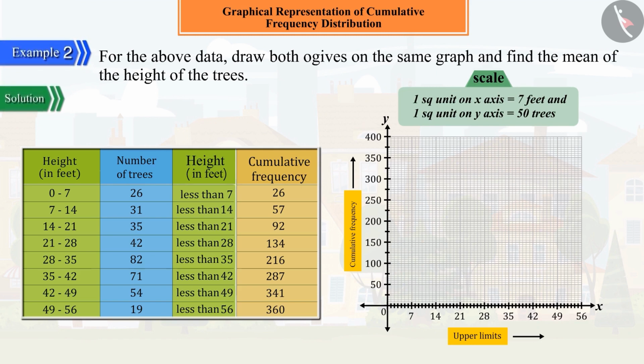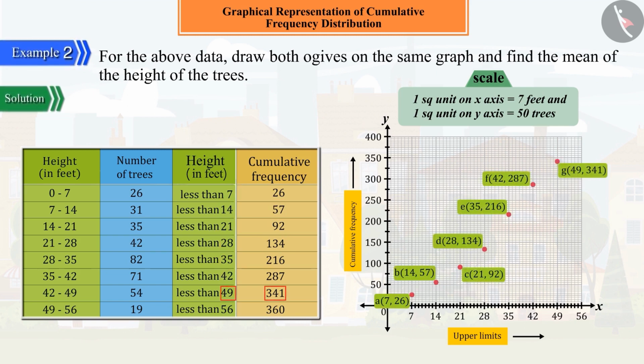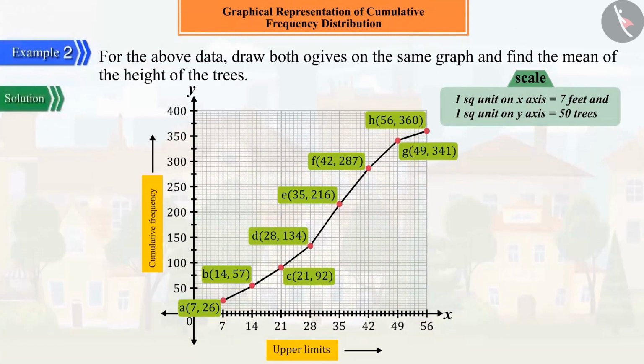Let us now plot the corresponding points of ordered pairs A, B, C, D, E, F, G, and H obtained from the upper limits and corresponding cumulative frequency and join them carefully. From which we get a curve which is less than type of ogive.